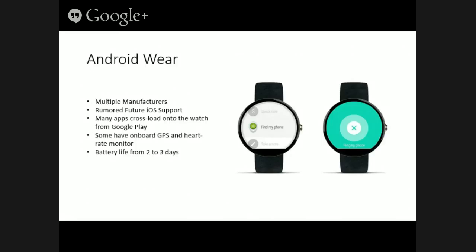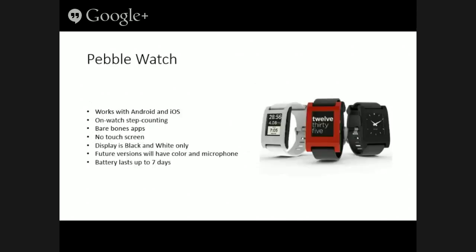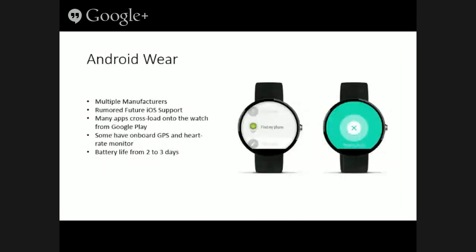You already have a bunch of app support for the watch through Google Play. They typically have longer battery life. Now the Apple Watch is about a day of active use, less than a day. A lot of them have heart rate monitors, things of that nature. They're different depending on the manufacturer.